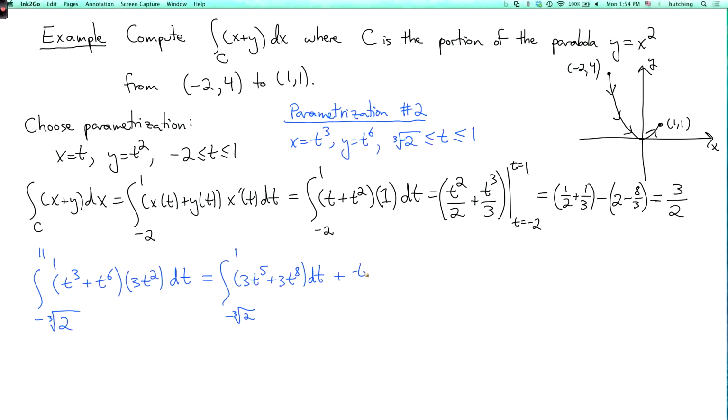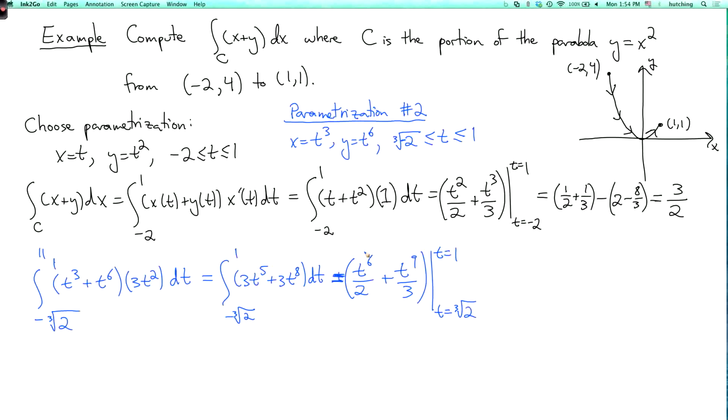So this is t to the 6th over 2 plus, that's an equal sign, not a plus sign. So t to the 6th over 2 plus t to the 9th over 3, evaluated at t equals 1, then t equals minus the cube root of 2.